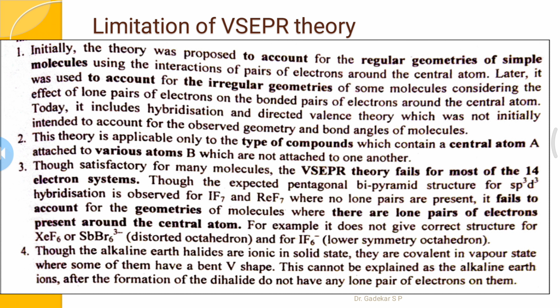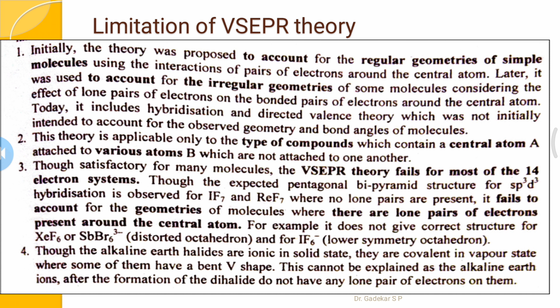Third limitation: the VSEPR theory fails for most molecules with 14 electrons. We just discussed the 7th example, the IF7 molecule. In this IF7 molecule we use sp3d3 hybridization, which means 14 electrons are present.